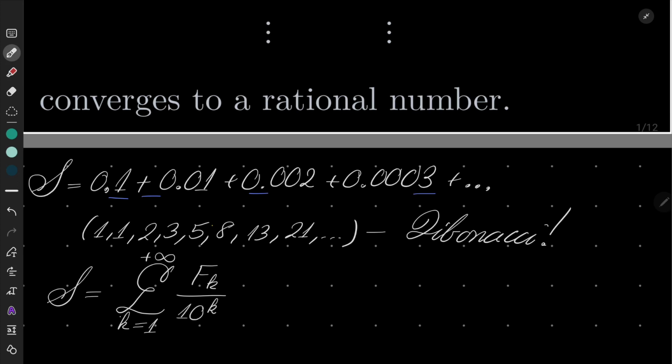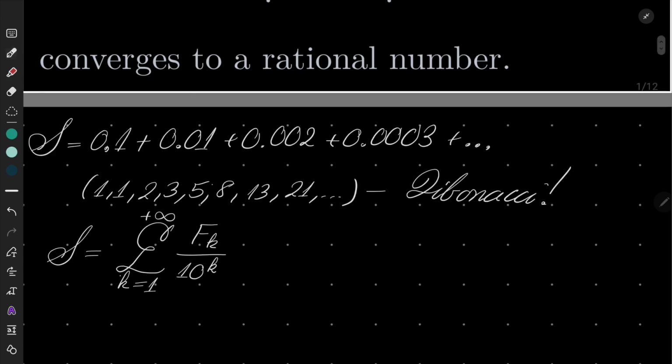So let's verify it. For k equals 1, we have 1 over 10, it's 0.1. For k equals 2, the second term of the Fibonacci sequence is also 1, so we have 1 over 100, so it's good. Then for k equals 3, we will have 2 over 10 to the third power, so it's 0.002 and so on.